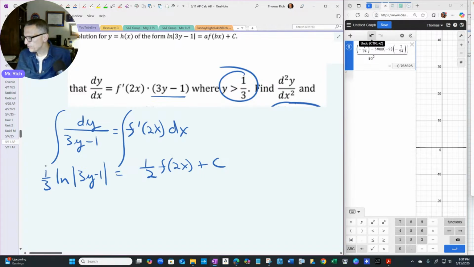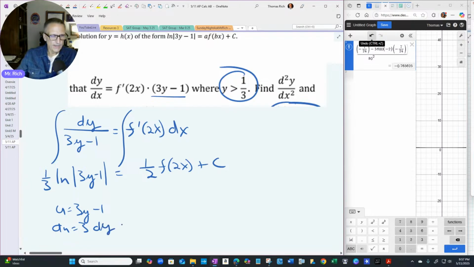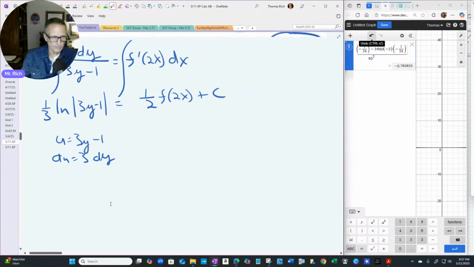If you're not sure about that, you can say, let u equal 3y minus 1. du ends up being 3 dy, and that gives you dy equals 1/3 du. So when you replace this dy, you're putting in a 1/3 multiplier, and it becomes du over u, which is natural log of u. So that's what you get right there.